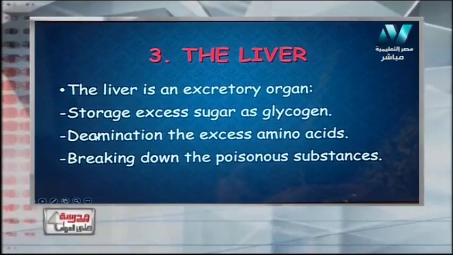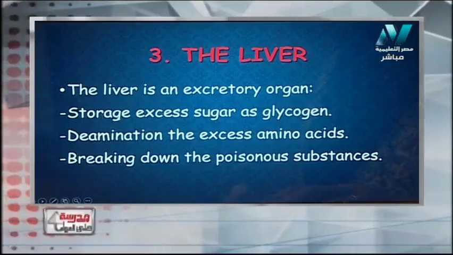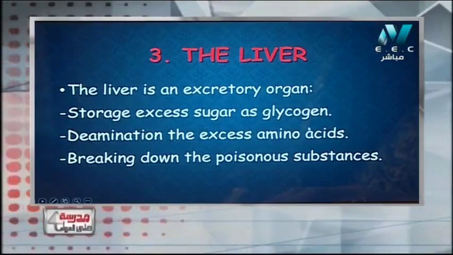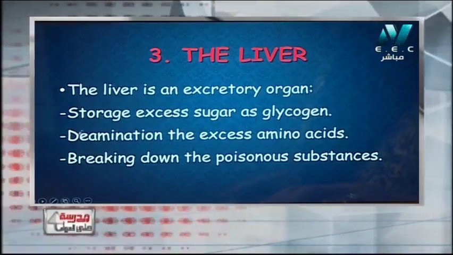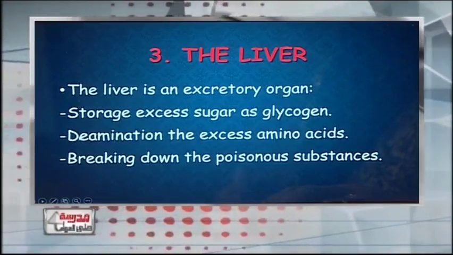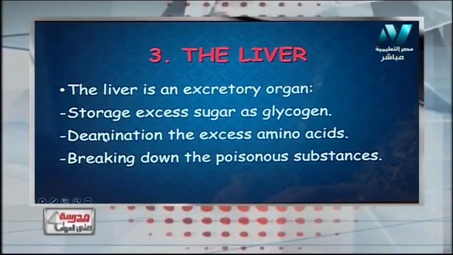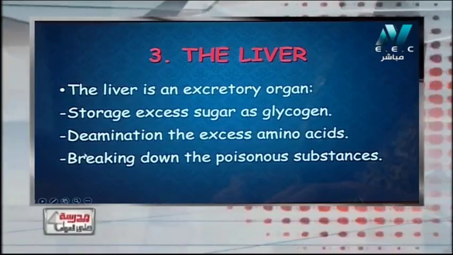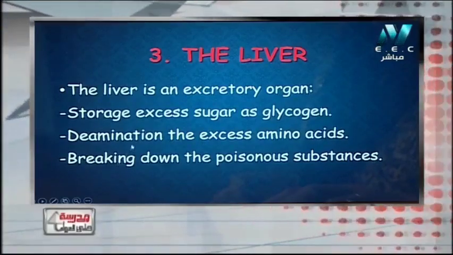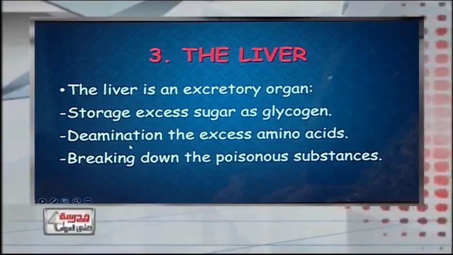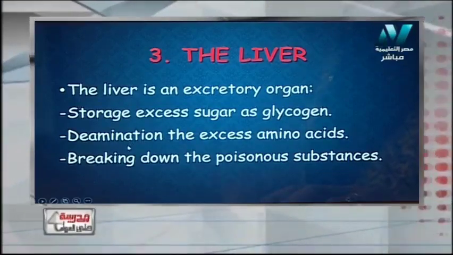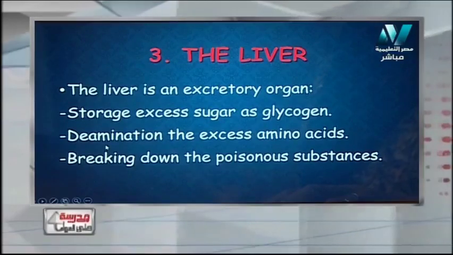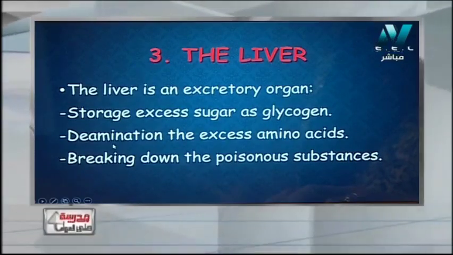Again, the liver stores excess amount of sugar in the form of glycogen, deaminates the excess amount of amino acids, and breaks down the poisonous substances, which are secreted into the blood again and get out of the body with urine.